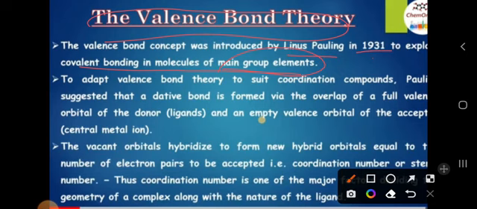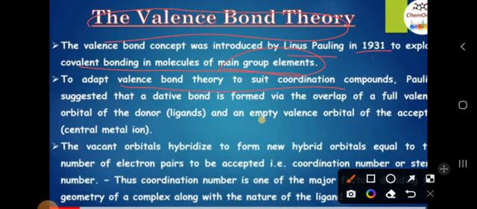This theory was adopted for coordination compounds, and it mainly explains bonding. Valence is nothing but the outermost orbitals.